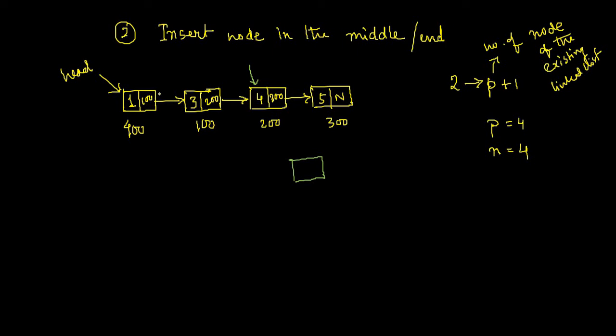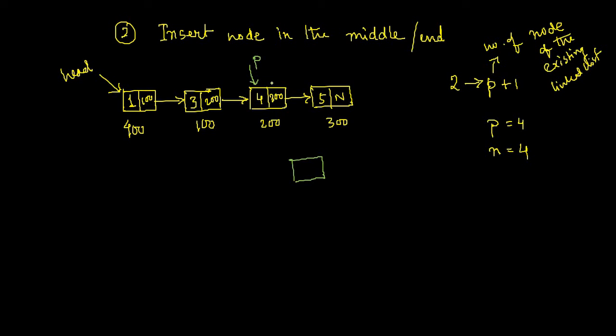Right? So somehow I have to change my pointer from the head to the node with which I want to connect the newly created node. Suppose this is pointed by P. The question is how you can traverse.